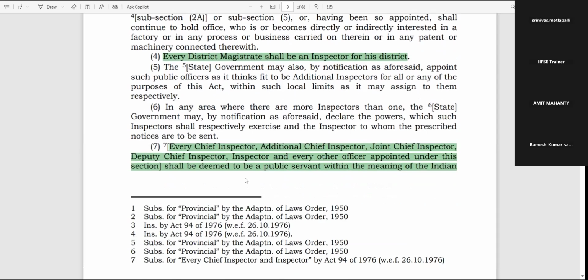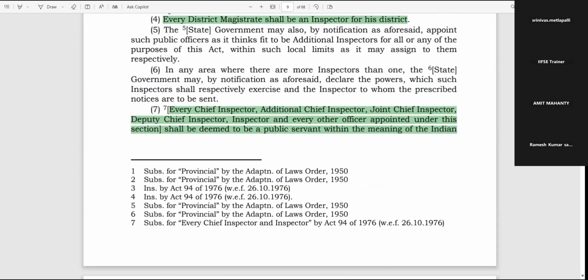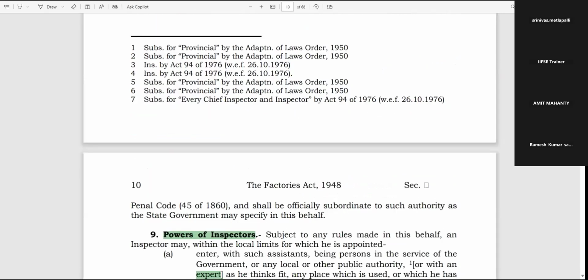And also the chief inspector, additional chief inspector, joint chief inspector, deputy chief inspector, inspector, and every other officer appointed under this section shall be deemed to be a public servant within the meaning of the Indian Penal Code, 1860.